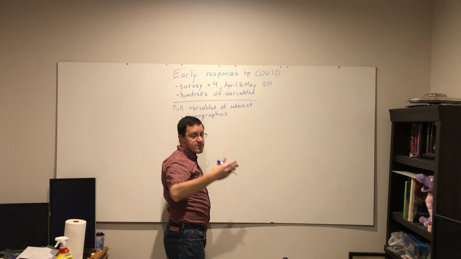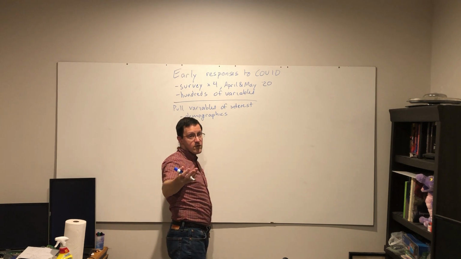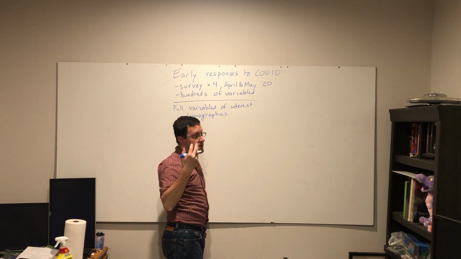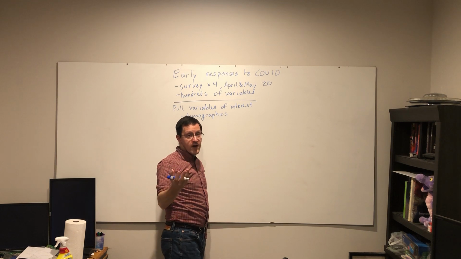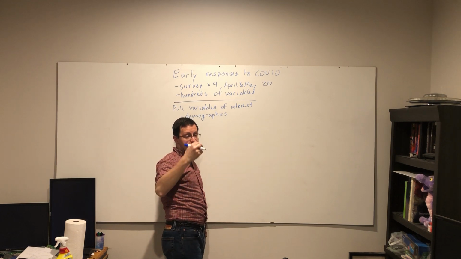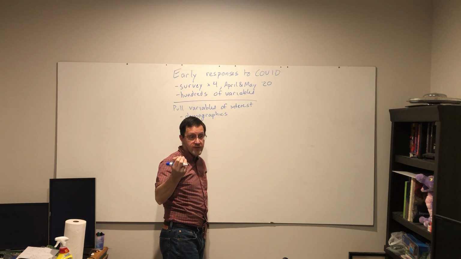So the demographics: how old was the respondent, the gender of the respondent, the race of the respondent. We would expect all of those to play a factor in the extent to which they're willing to get tested or to access healthcare.